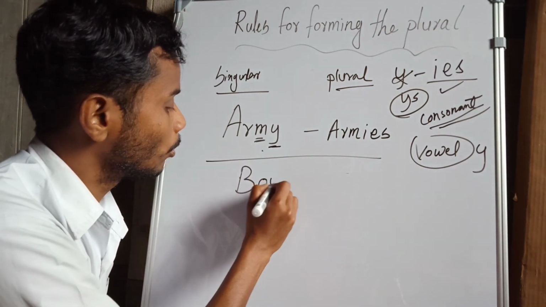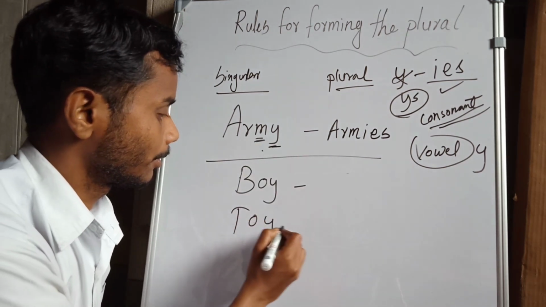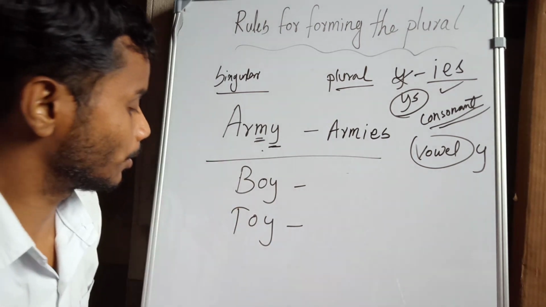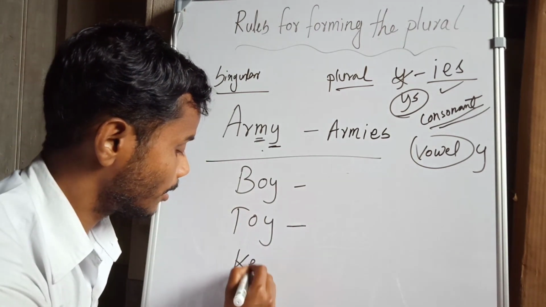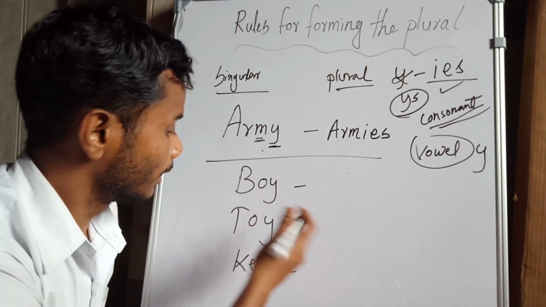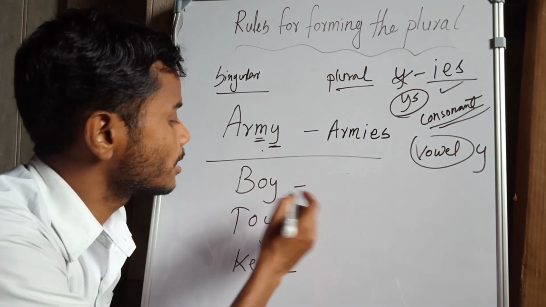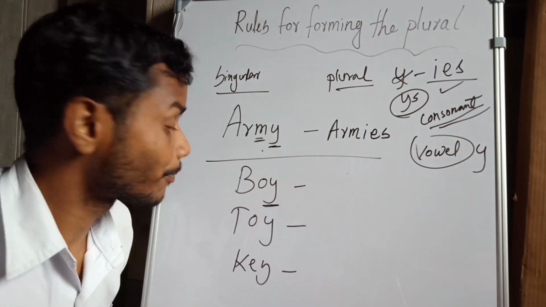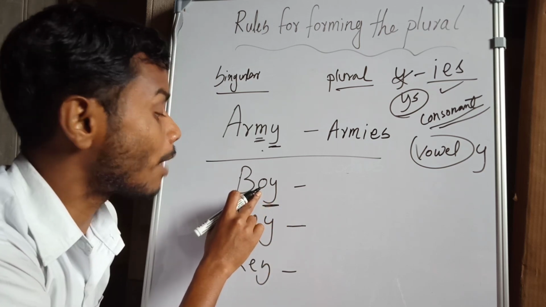Now example I will write down. For an example, see, boy, BOY. Toy. Okay, boy, toy. So key, K-E-Y, key. Okay, boy, toy, key. Okay, there are many. So boy is there, Y is there. So before Y you can see here a vowel.